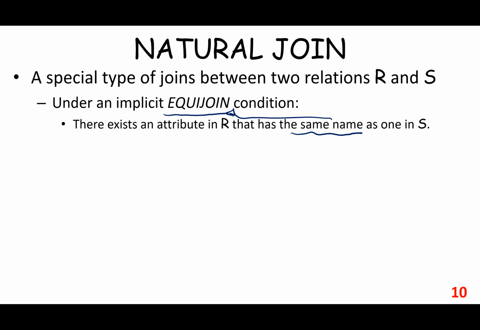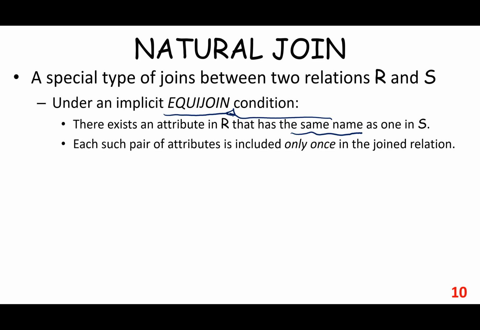Then you can join under this natural join way, an equijoin with respect to this same-name attribute. That's the natural way, so you do not need to specify a join condition because it's there.